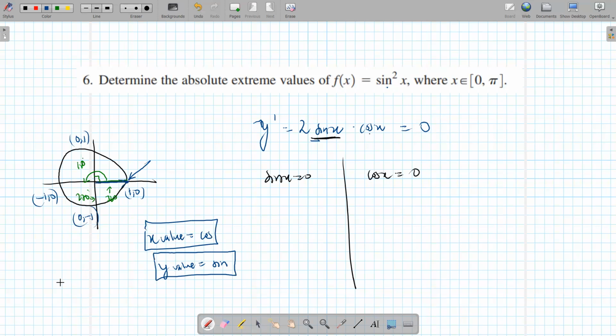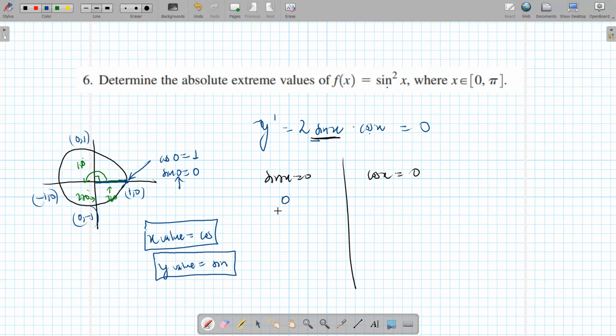It's just a straight line. 180. So, no, that was a trick question. It's going to be 0. We start here. The angle here is 0. So that means cosine of 0 is the x value at that point, 1. And sine of 0 is the y value at that point, 0. So we're looking for when sine x is 0.